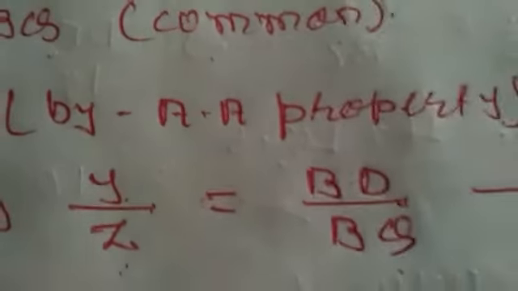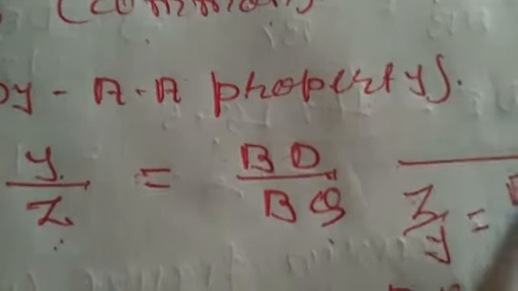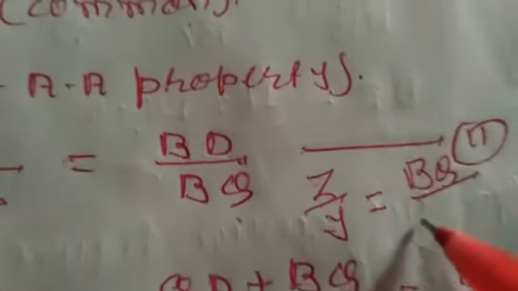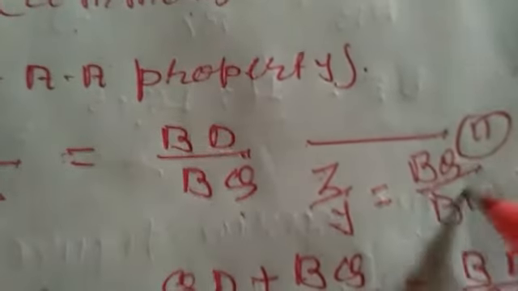Similarly, its reciprocal will also be equal. So we can write Z by Y equals BQ by BD. Suppose this is equation number 2.